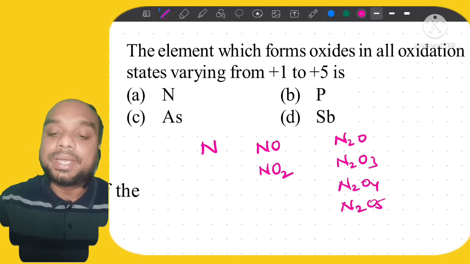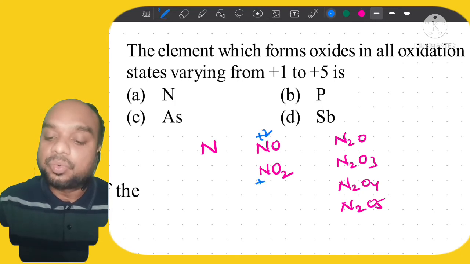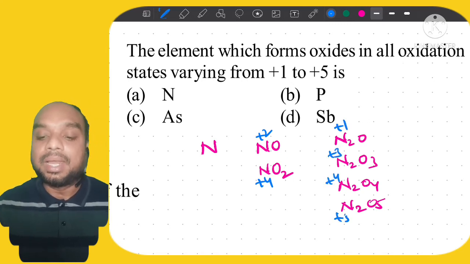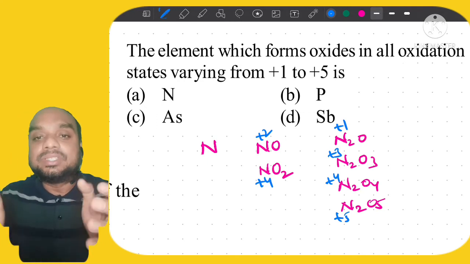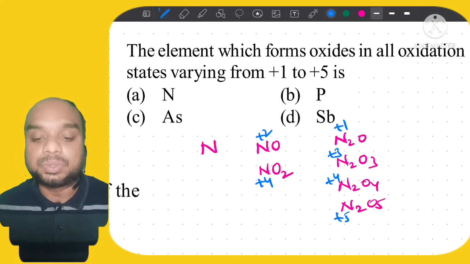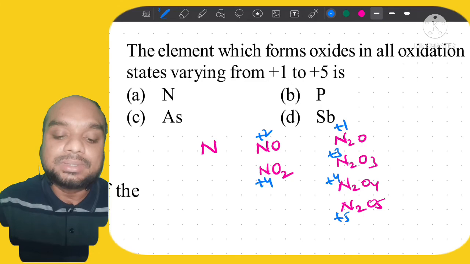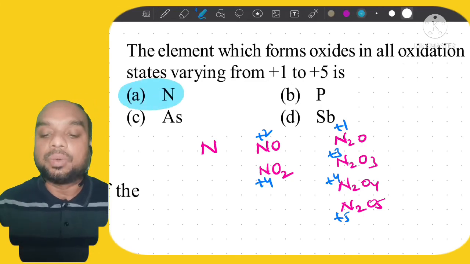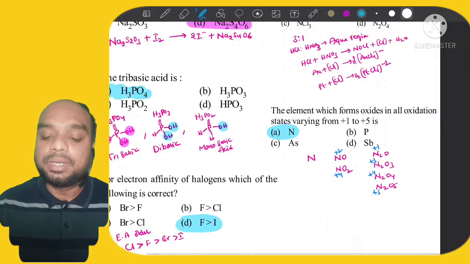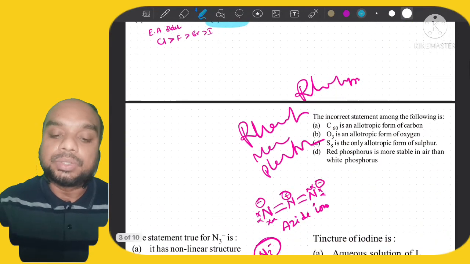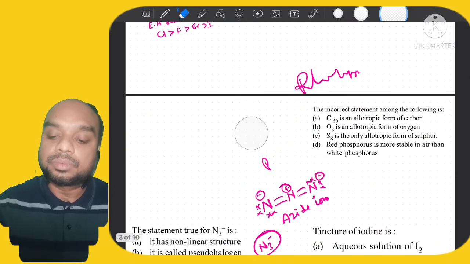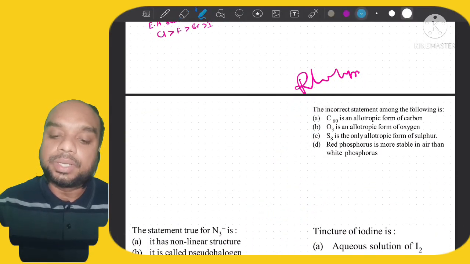In these oxides, nitrogen shows +2, +4, +1, +3, +4 and +5 oxidation states. Like that, nitrogen shows +1 to +5 in all these oxides. So the answer is option A.